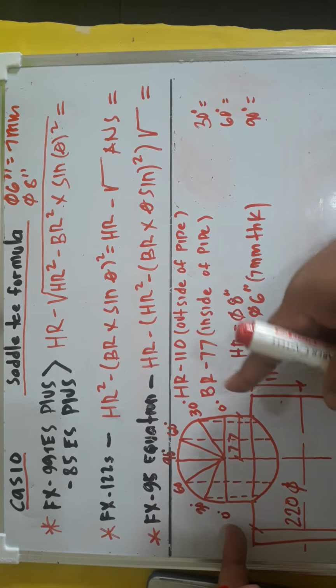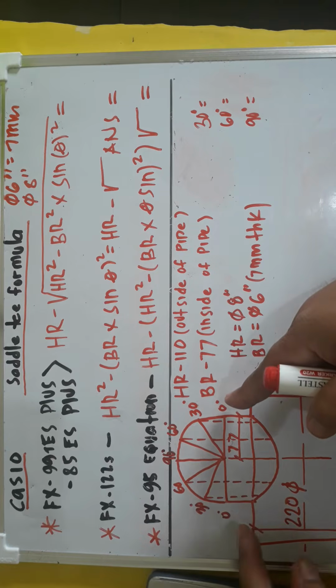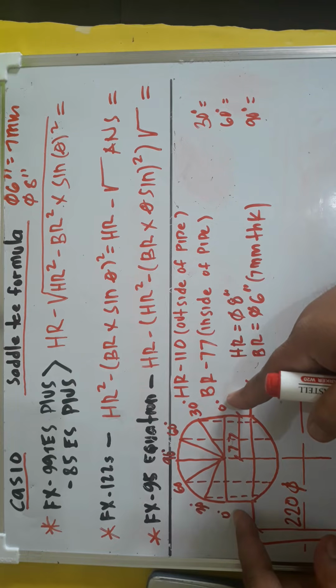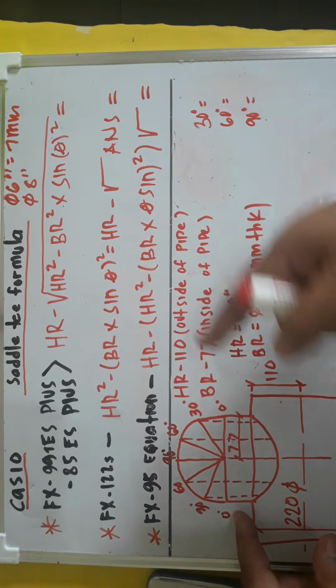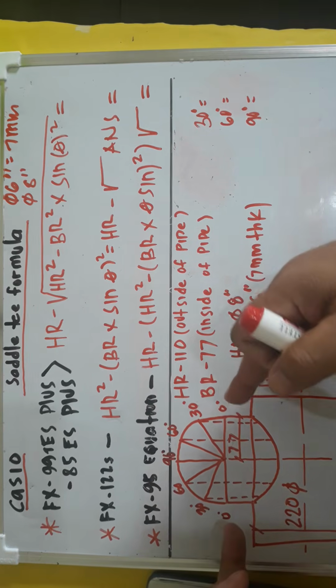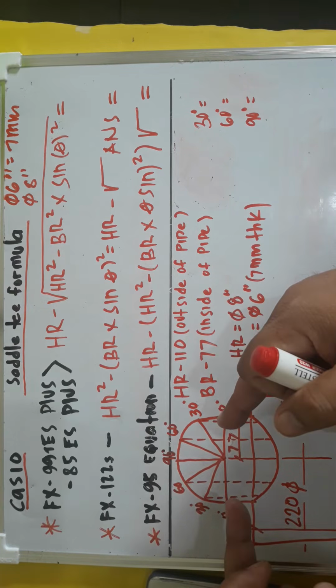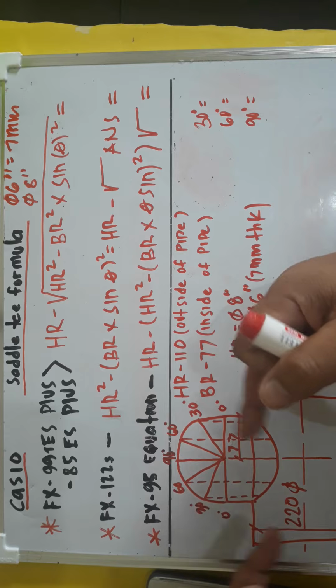So the outside diameter of this branch for the 6-inch is 168. Then minus 7 plus 7 again, minus 14.